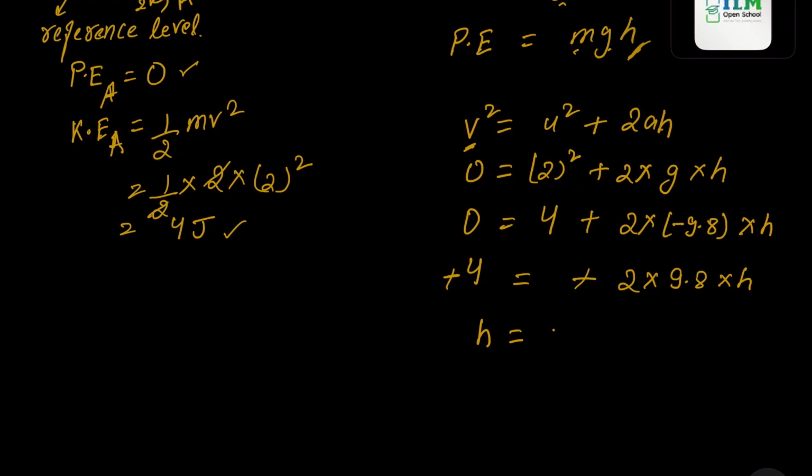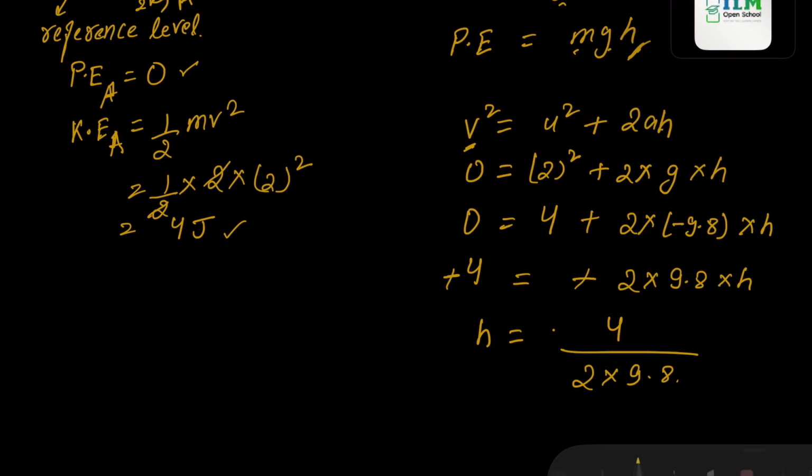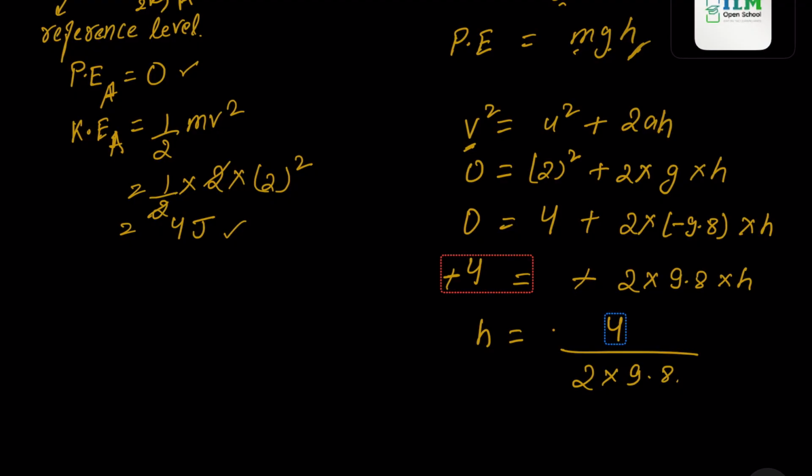So, this h comes out to, just do cross multiplication, 4 upon 2 into 9.8. Okay, I'm just leaving the value of h here.